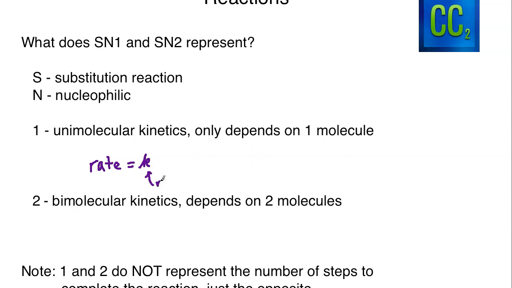So we'll put that there. And then it's going to be the concentration of anything that would be participating in the reaction, raised to a certain order. If you remember back to kinetics, you can have first order, second order, and you can talk about the order of the reaction overall, and then the order of each individual component.